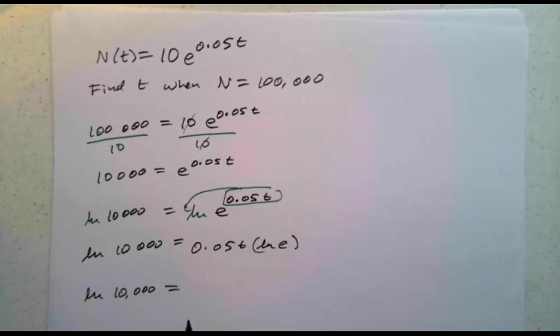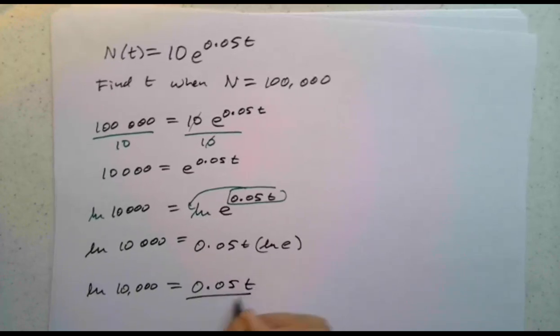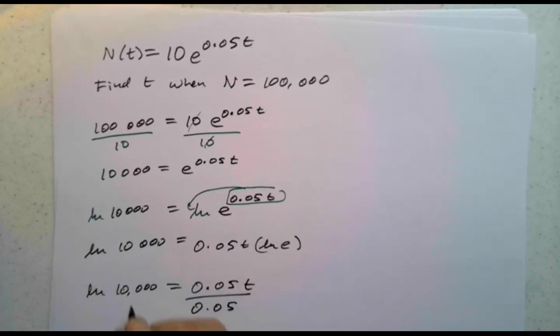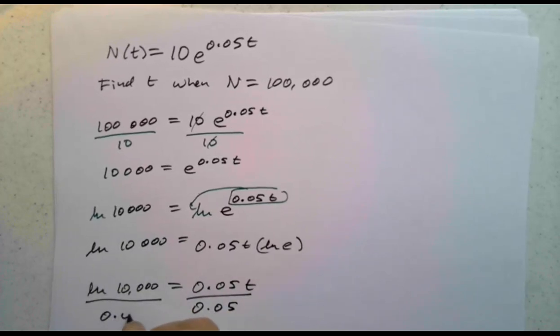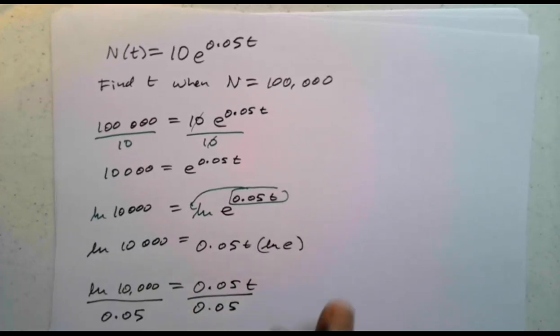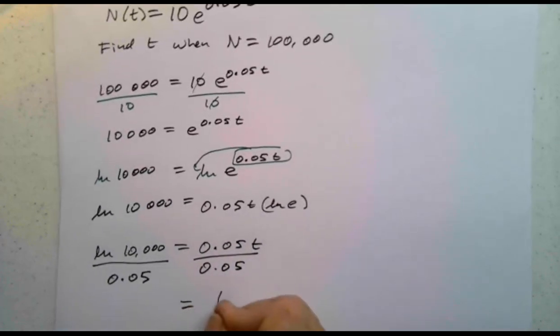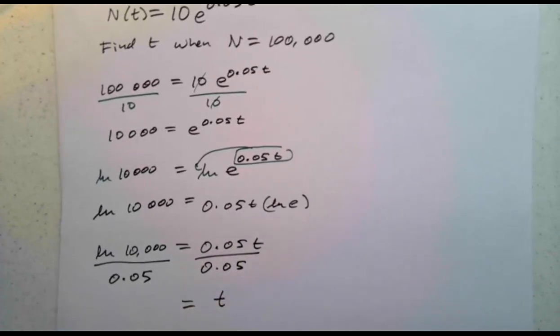But the natural log of e is just 1. So natural log 10,000 is 0.05 t. Dividing by 0.05, we have t equals natural log 10,000 divided by 0.05. Let's see what that is.